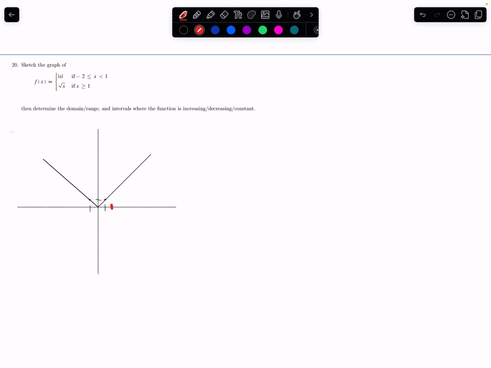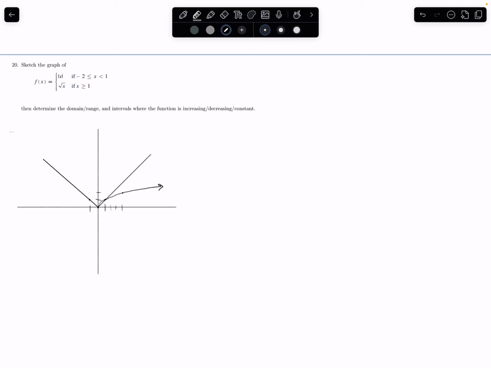And the square root of 4, I gotta use a pencil because this pen is too thick, would be 2. So I go right 4 and up 2. That would be the square root function, something like this.